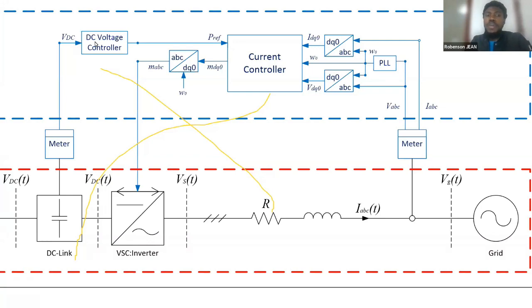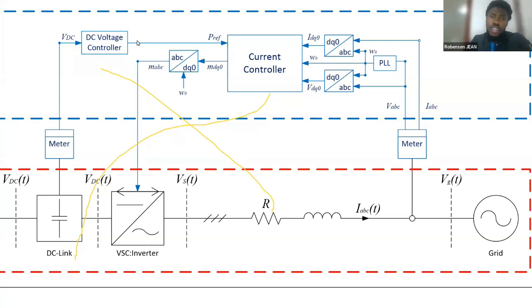The error is sent to a PI controller, and the PI controller has a calculated gain, and this gain helps the PI controller send an output, which is a reference power. The reference power is sent to the current controller.